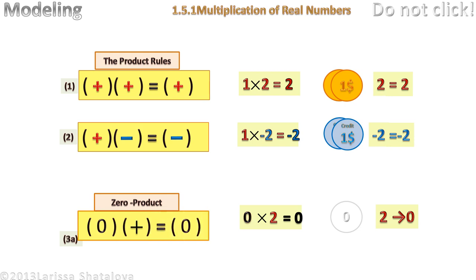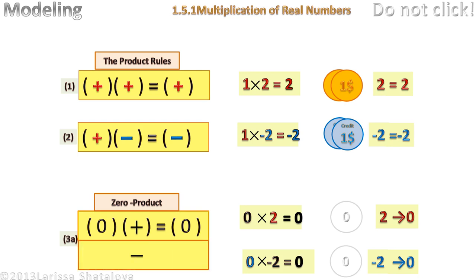Negative 2 times 0, credit 2 units. If you multiply by 0, it disappears. So negative 2 becomes 0. And now we can show 0 times negative 2. Result is 0. So now you can see the zero product: whatever you multiply by 0 results in 0.